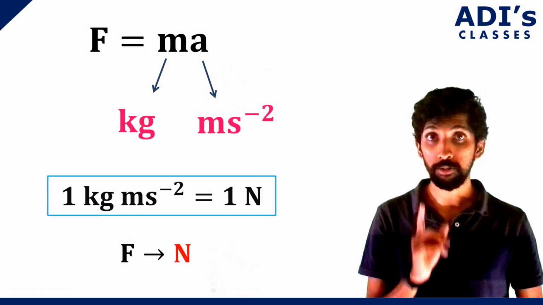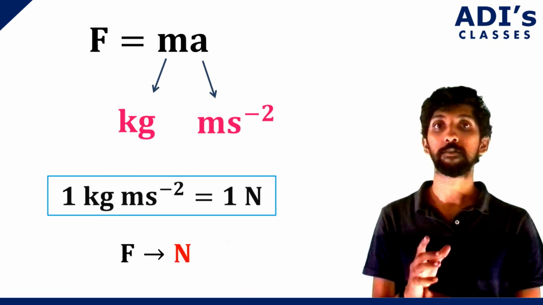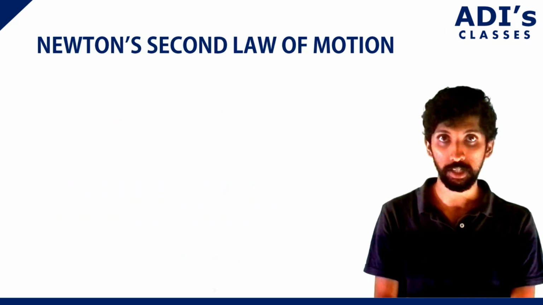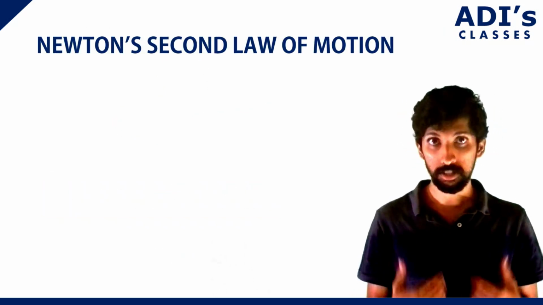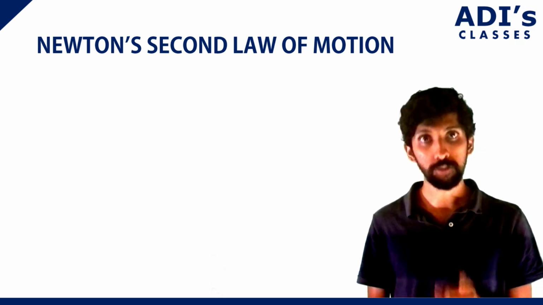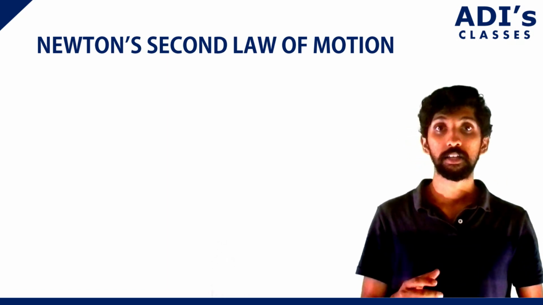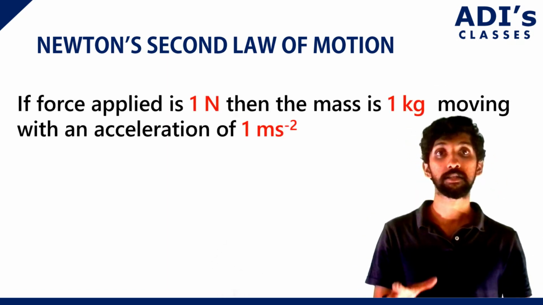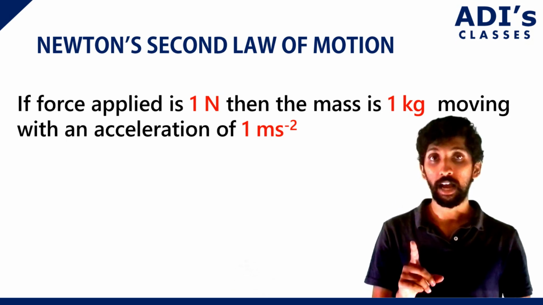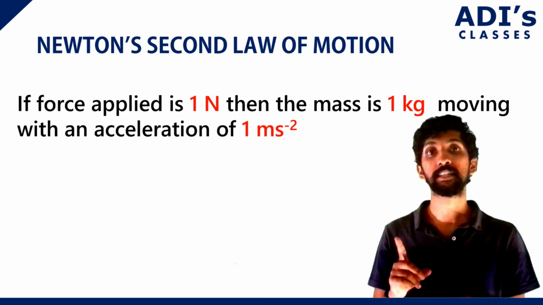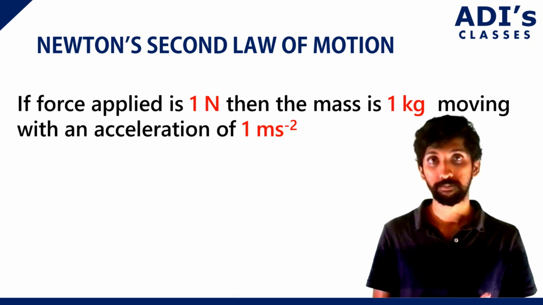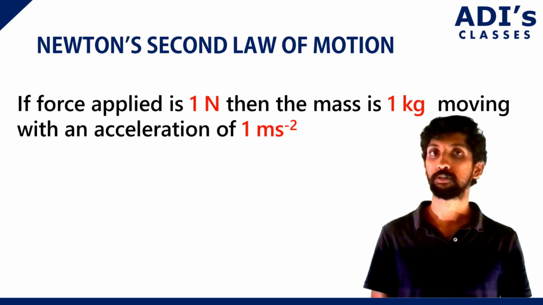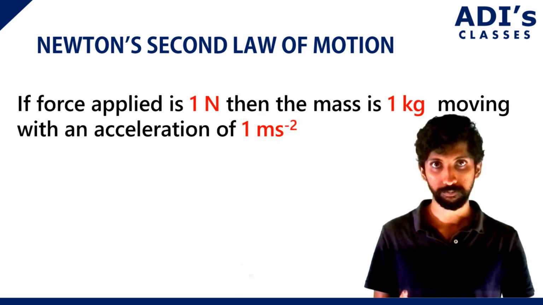Understood? 1 Newton. So whenever we say that force applied on the object or force applied by the object on us is 1 Newton, that means the mass of the body has to be 1 kg and it is moving with an acceleration of 1 meter per second square. Then you will get the force of 1 Newton.